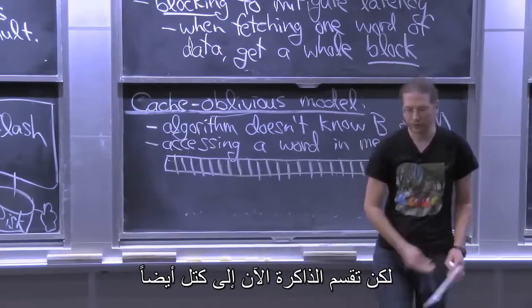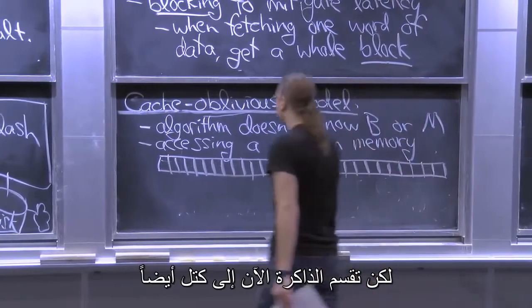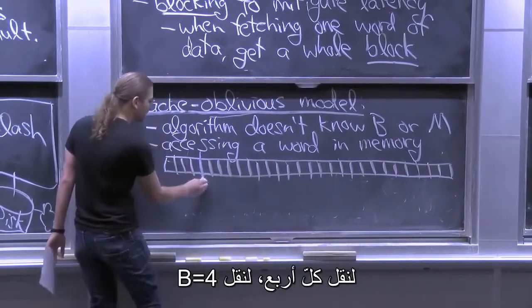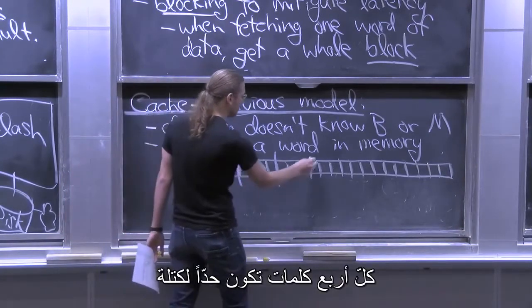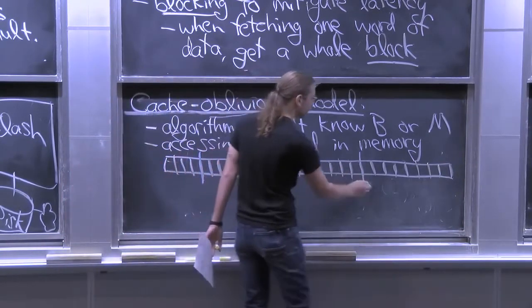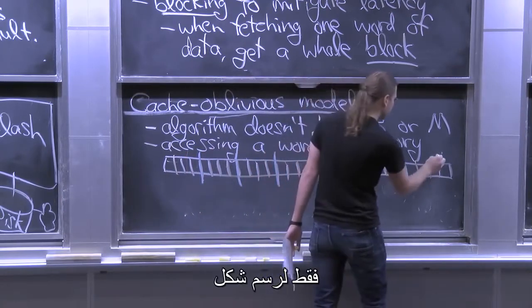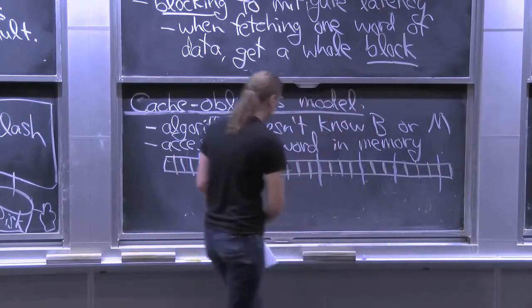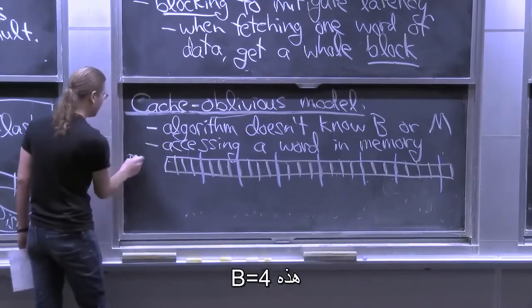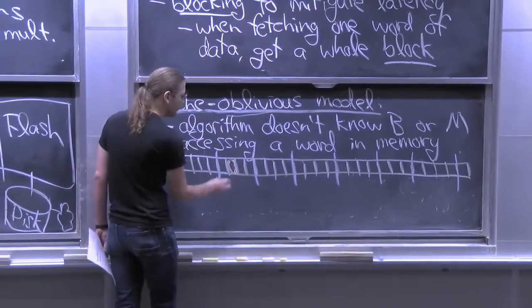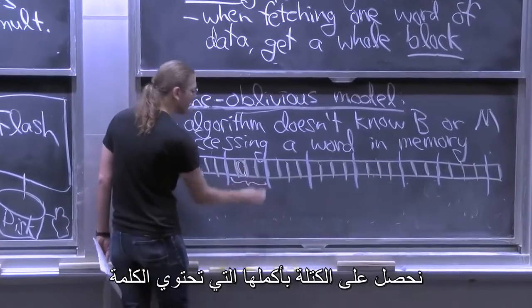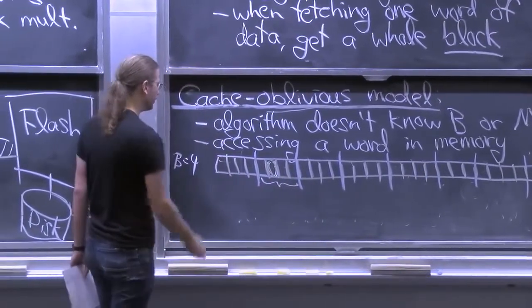But then also, the memory is now divided into blocks. So let's say B equals 4. Every 4 words is a block boundary, just for the sake of drawing a figure. So this is B equals 4. When you access a single word like this one, you get the entire block containing the word.